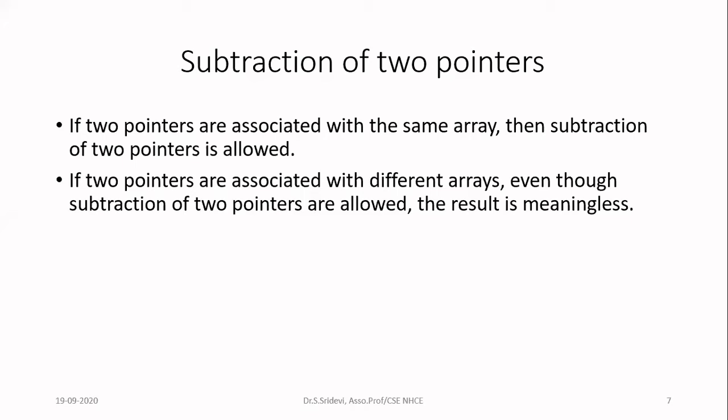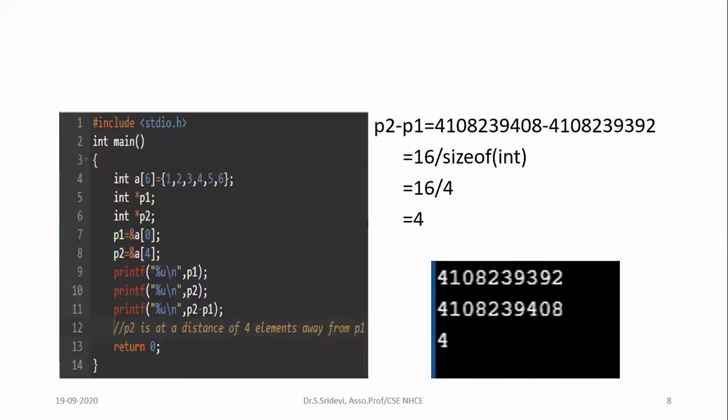That's why I go for subtraction of pointers. But there is no meaning in going from one element of an array to an element of another array. So we never subtract 2 pointers if they are pointing to different arrays. You can run the program, it will show you an answer, but it is meaningless. So never perform subtraction on pointers pointing to different arrays.